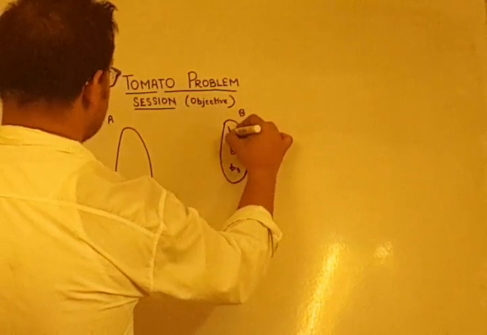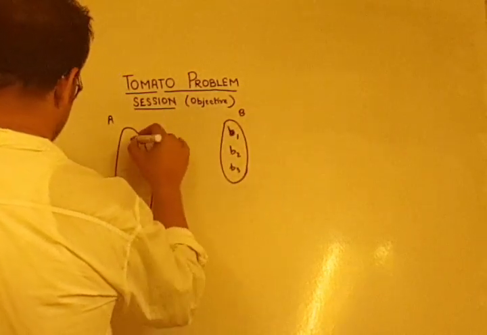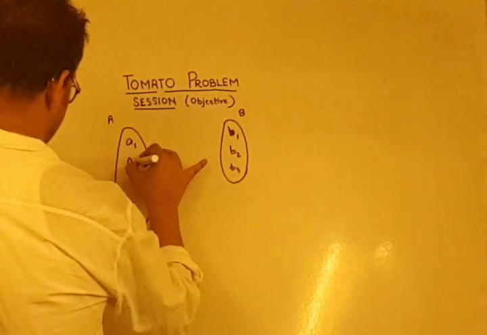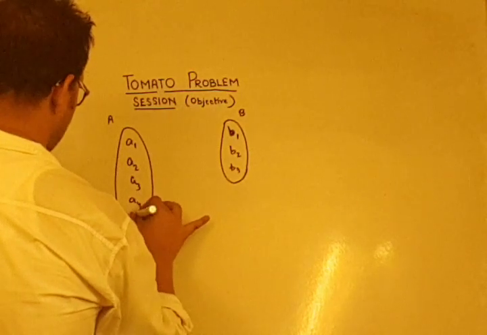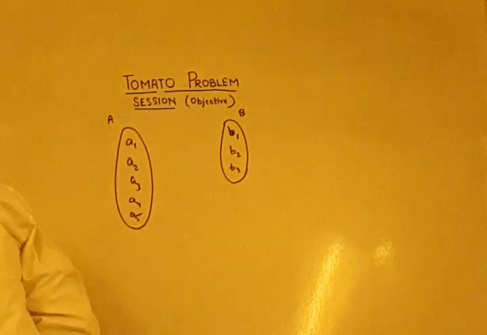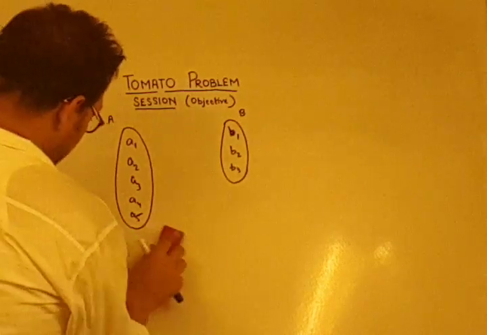So these are the elements, and A1, A2, A3, A4, A5. I need to make the set a bit longer.